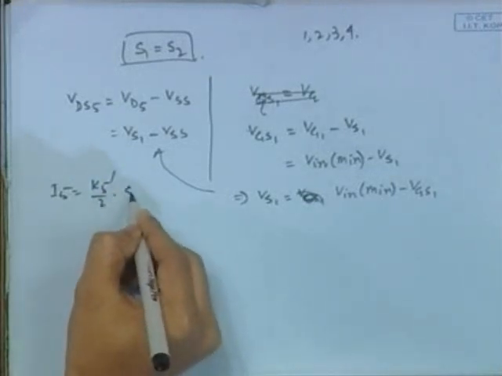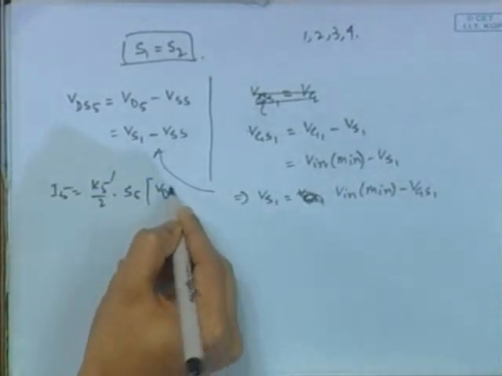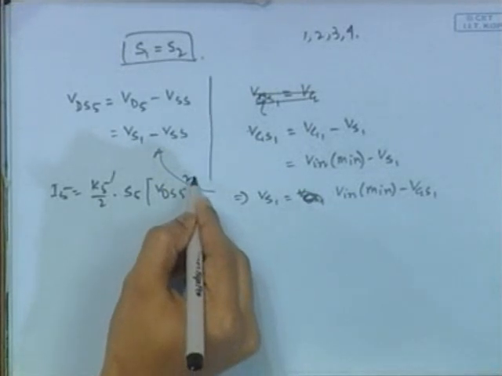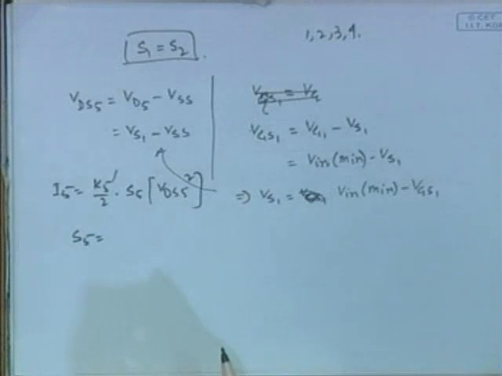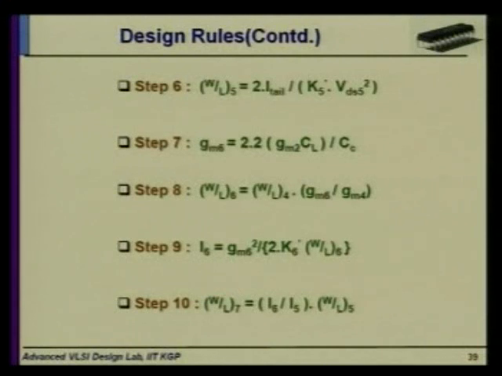If we know VDS5, then we can easily calculate S5, because I5 is nothing but K5 dash divided by 2 S5 into VDS5 square, isn't it? VGS minus VT is basically VDS5 square. So what is S5? S5 is basically twice I5 divided by K5 dash VDS5 square. You can see from the formula that W by L5 is equal to twice the tail current divided by K5 dash into VDS5 square.